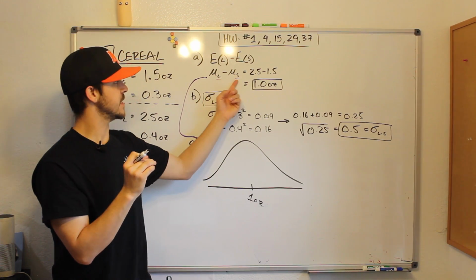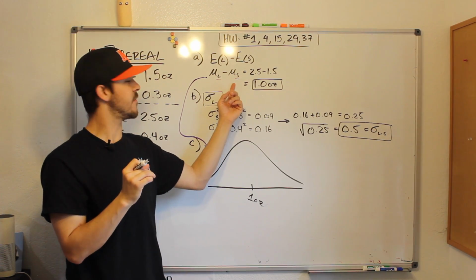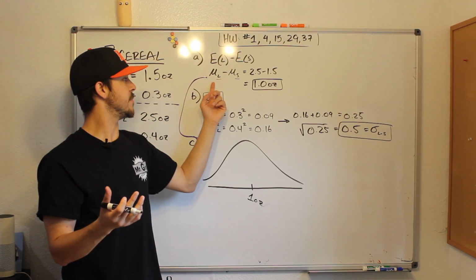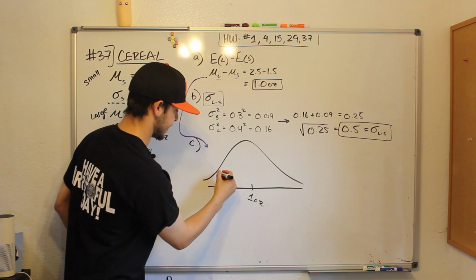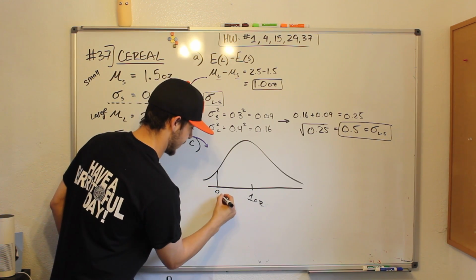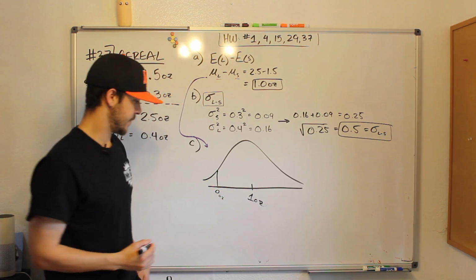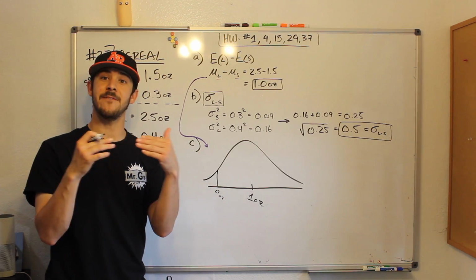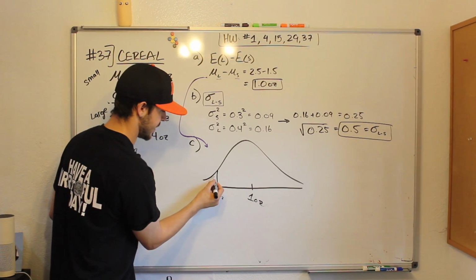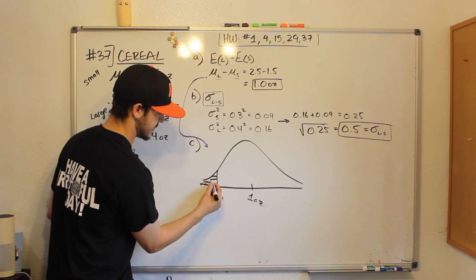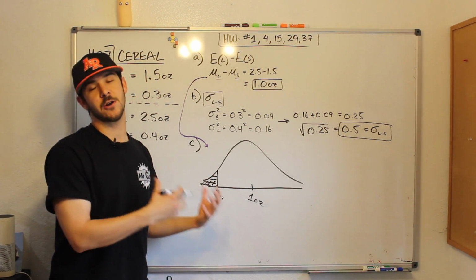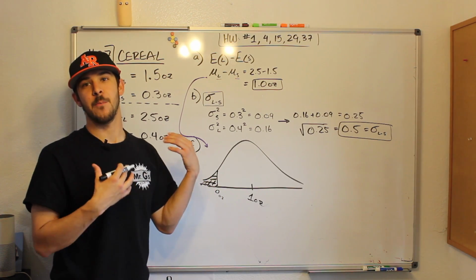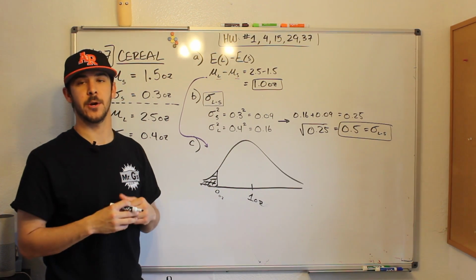So in order for the small bowl to have more cereal than the big bowl, our answer needs to be negative. In this case, 0 ounces would be here, having a net value of 0. We need to find any values negative in order to show that there will, in fact, be more cereal in the small bowl than in the bigger bowl.